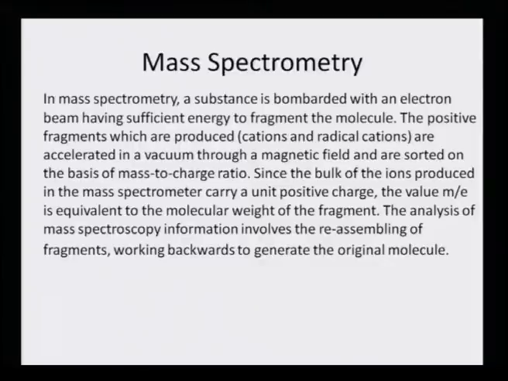Since the bulk of the ions produced in the mass spectrometer carry a unit positive charge, the value m by e is equivalent to the molecular weight of the fragment. The analysis of mass spectroscopy information involves reassembling the fragments, working backwards to generate the original molecule.